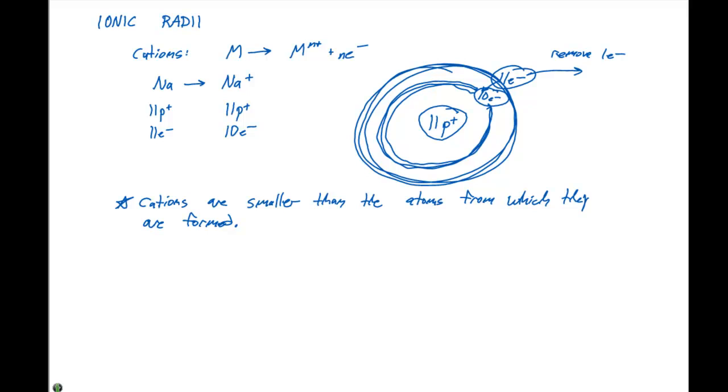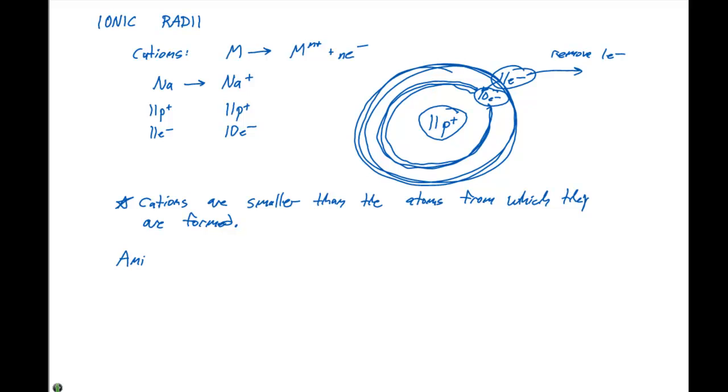If we're losing electrons, the protons that remain in the nucleus can pull on those electrons a little bit stronger, and the ionic radii is going to be smaller for a cation as opposed to an atom.